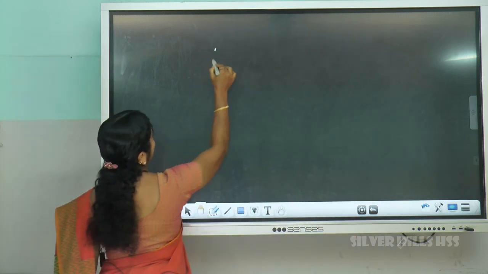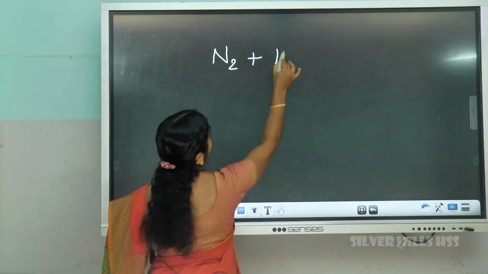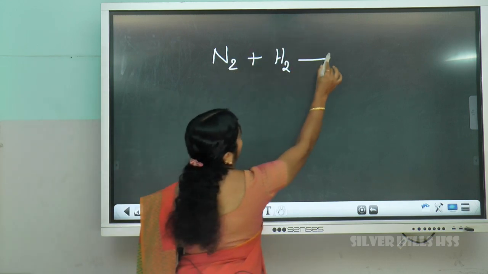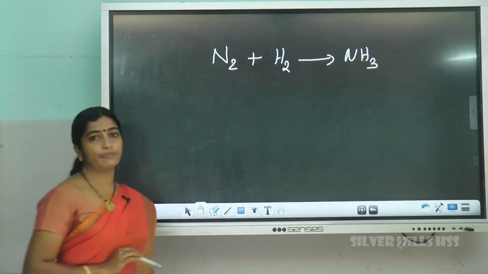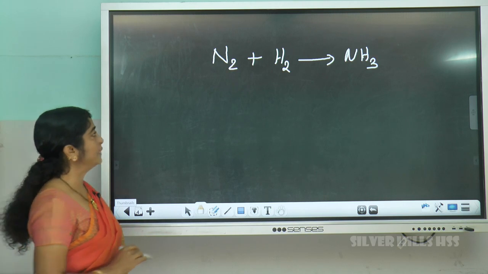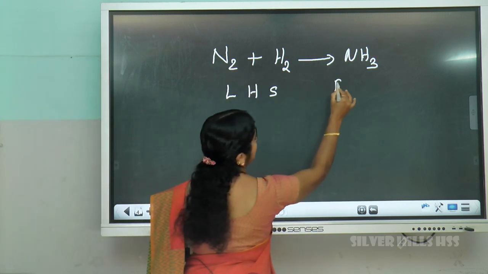Let us consider the formation of ammonia from nitrogen and hydrogen. Nitrogen and hydrogen combine together to form ammonia, NH3, the molecular formula for ammonia. Then write it as LHS and RHS.